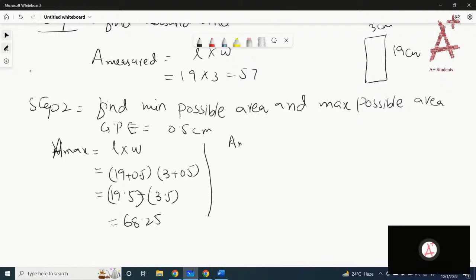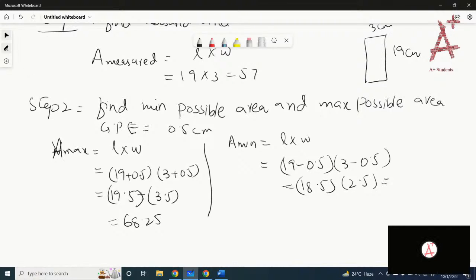Now find the minimum area. For the minimum area, you have to subtract the greatest possible error. So it is 19 minus 0.5 and 3 minus 0.5. So it would be then 18.5 and 2.5. Just multiply them.